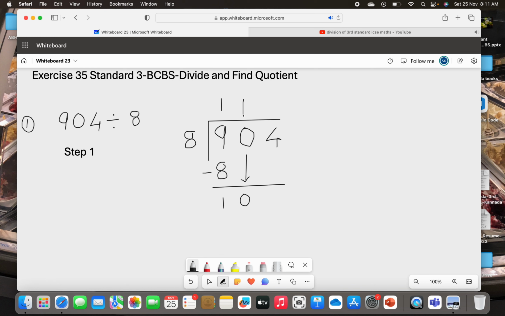Again, 8 times 1 is 8. Remainder is 2. 10 minus 8 is 2. And then 2 is again not divisible by 8 because it is lesser than 8. So pull down 4.